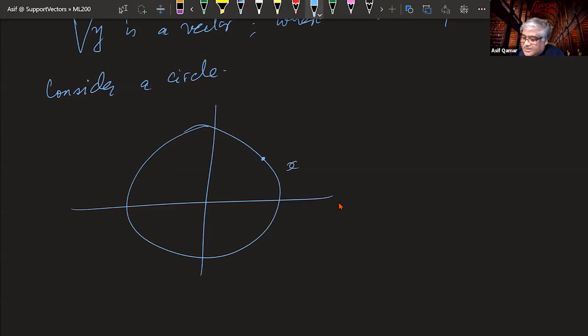This point P is (x, y). From the origin, the line that connects to this is the P vector. Is that obvious?